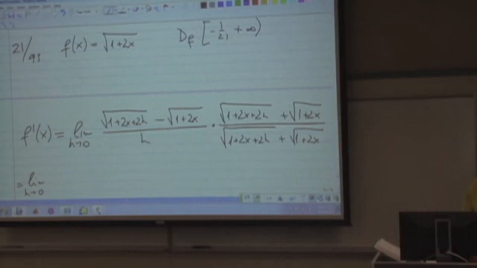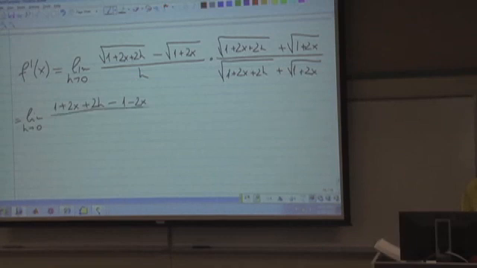So we will have 1 plus 2x plus 2h minus 1 minus 2x divided by h times the quantity square root of 1 plus 2x plus 2h plus the square root of 1 plus 2x. 1 and 2x cancels out. The h's cancel out as well.